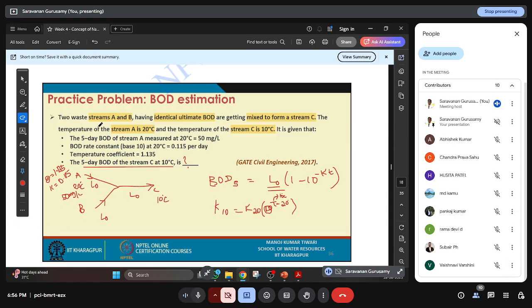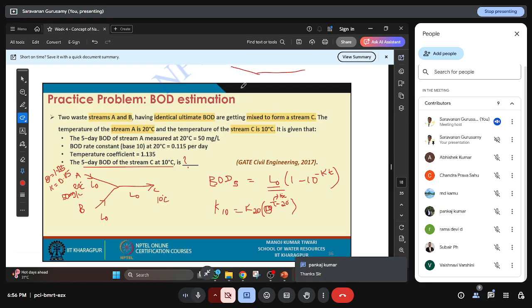See, 2 waste streams. I have a river. The 2 waste streams, A is coming, and another one, B. So there is a river here, or any wastewater is coming from A, another wastewater is coming from B. Both are mixing and giving a river C. In Trichy, if you take Kaveri is coming, Kolidam is coming, and it is converted again to Kaveri.